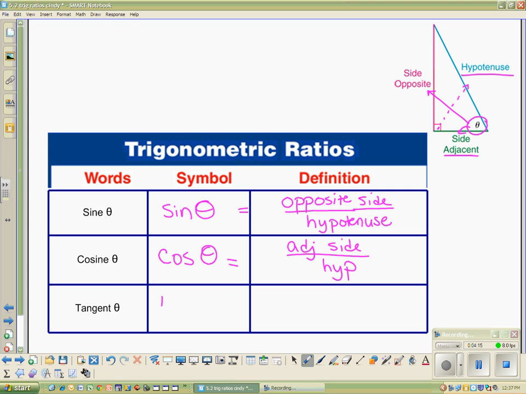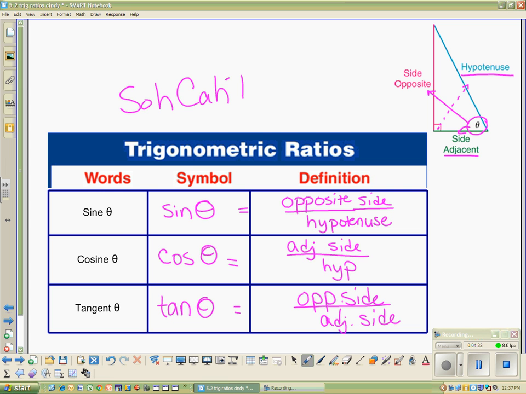And the tangent, abbreviated tan, of some angle is equal to the opposite side compared to the adjacent side. If you remember, probably from algebra or geometry, SOHCAHTOA, a quick way to remember those relationships.